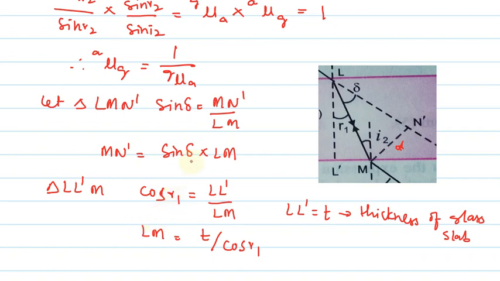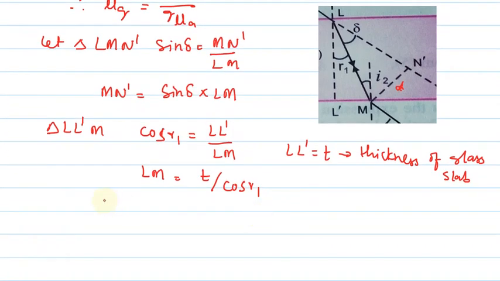So in the above expression, we can substitute the LM value. Then MN prime is the lateral shift, that is D. So D is equal to sine delta into T upon cos R1.